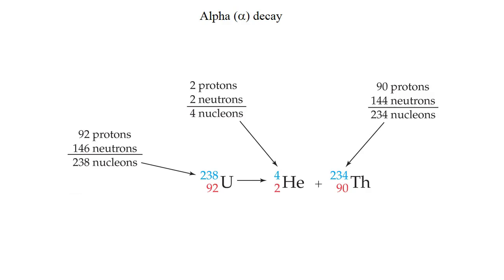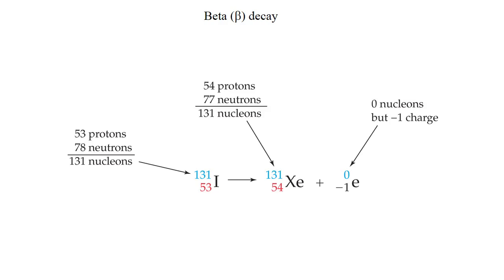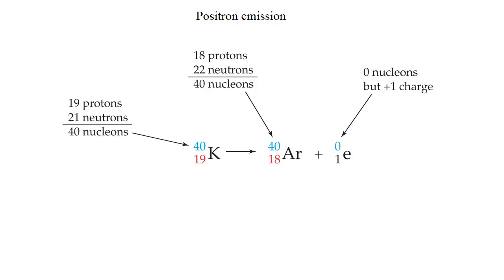Okay. Back to beta decay: the mass number does not change in beta decay, but the number of protons increases by 1. Positron emission is kind of the opposite. You emit a positron instead of an electron. In this case it's like you have a proton that gets converted into a neutron, and then a positron is emitted.